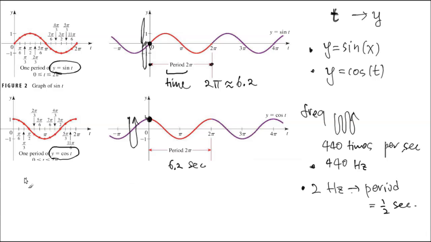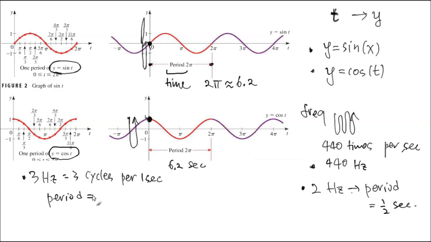Let's do 3 hertz. What does that mean? 3 cycles, right? Per how many seconds? 1 second. For 1 cycle, how many seconds are required to make 1 cycle? Period.